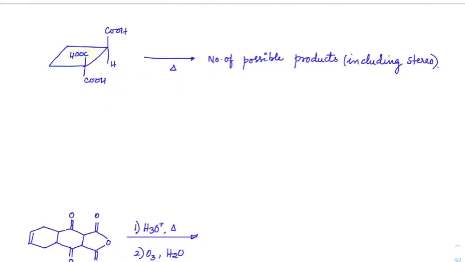Check it out. Suppose you have COOH on both the sides and another COOH here, then what are the different products we can get? Okay. First, on heating, between these two, it is at beta position only, so it is a malonic form. So the first product which it can form is this one, where one COOH will be present down and one COOH present up.